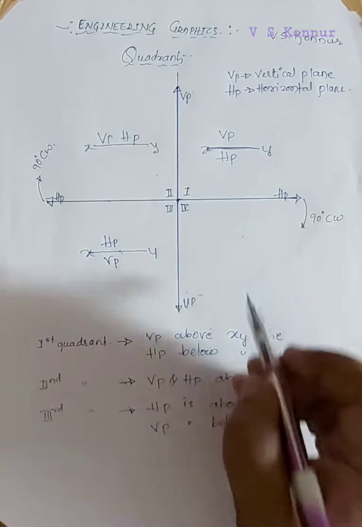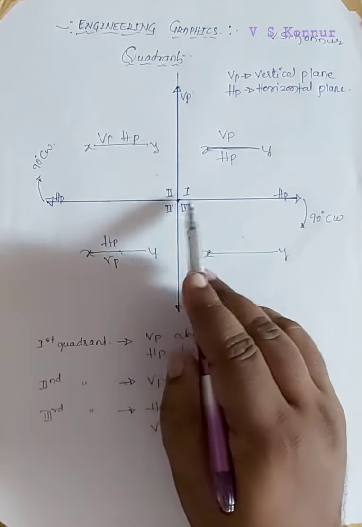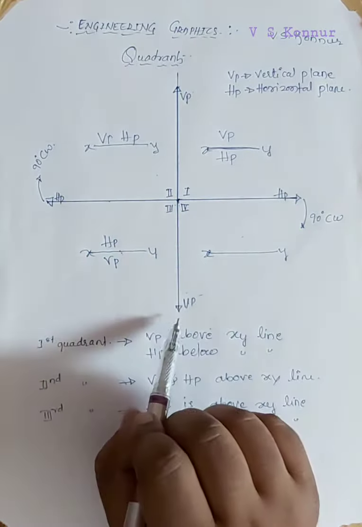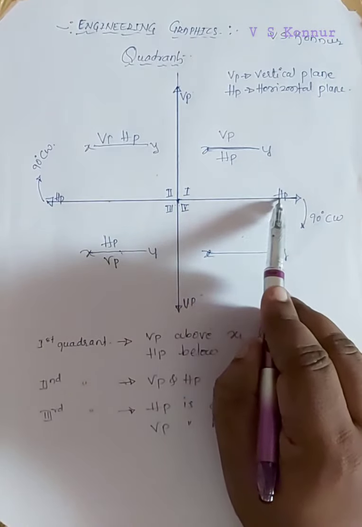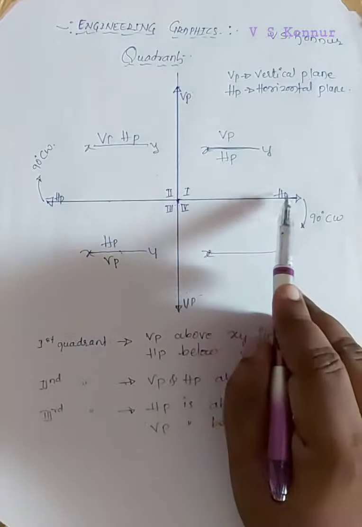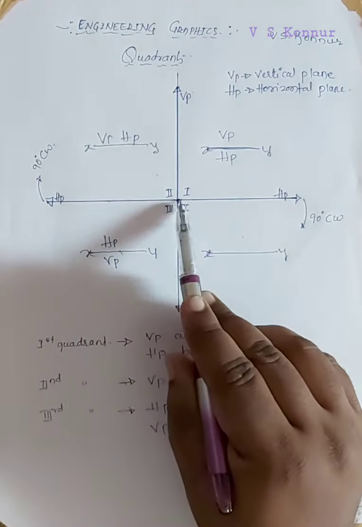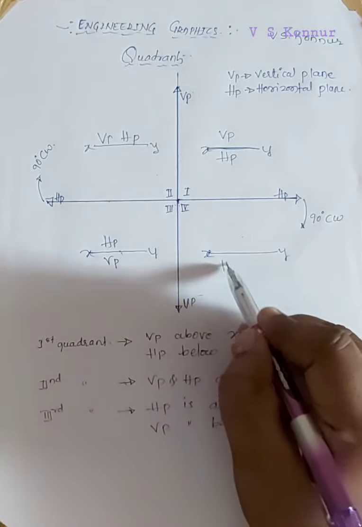In fourth quadrant, once again I will draw the XY line here. Intersection of VP and HP will give the XY line. Now HP is rotating. This is the horizontal plane, this is vertical plane. Vertical plane will not rotate, only horizontal plane will be rotating. When horizontal plane rotates in the clockwise direction, at the intersection, HP and VP remain below XY line.